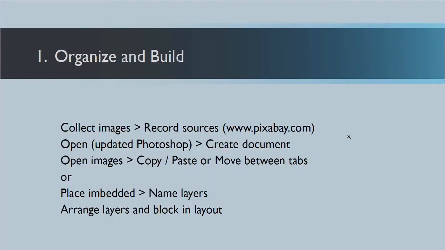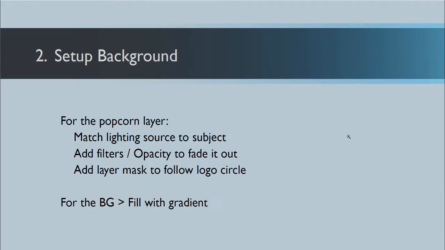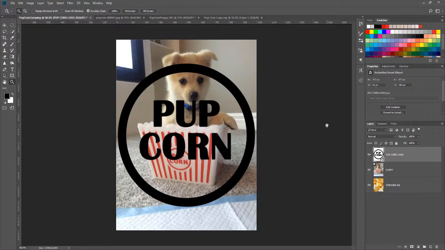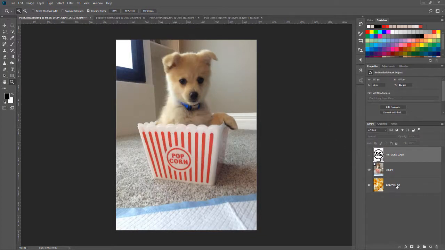Alright, so chapter 2. We're going to set up the background. So first, for this popcorn, I'll just turn off our layer here. We can see that our brightest light source is on our left, where the puppy is right here.